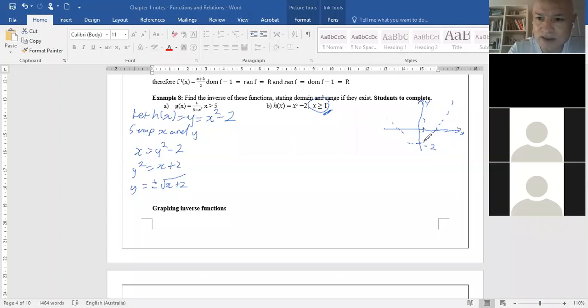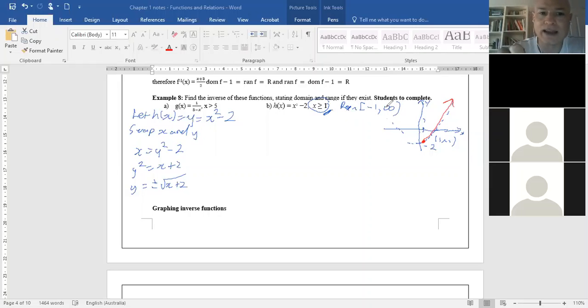So when x is 1, it's -1, so that's where it starts. So really, this graph is only that part there, the red part. Okay? Any questions there? So the range of h of x is from -1 to infinity, -1 inclusive to infinity.